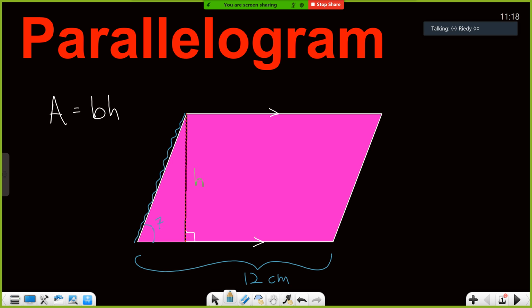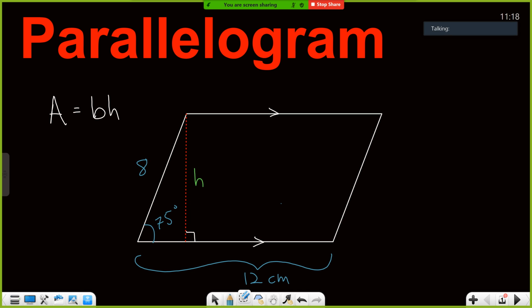This is 75 degrees. And let's make this 8. All right, so let's find the area of that parallelogram.